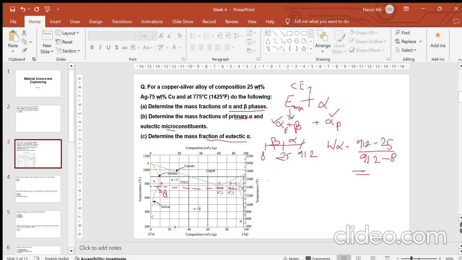So what is the value of alpha? Can anybody calculate? You have to calculate the weight fraction of alpha. Have you calculated it? You're not audible.